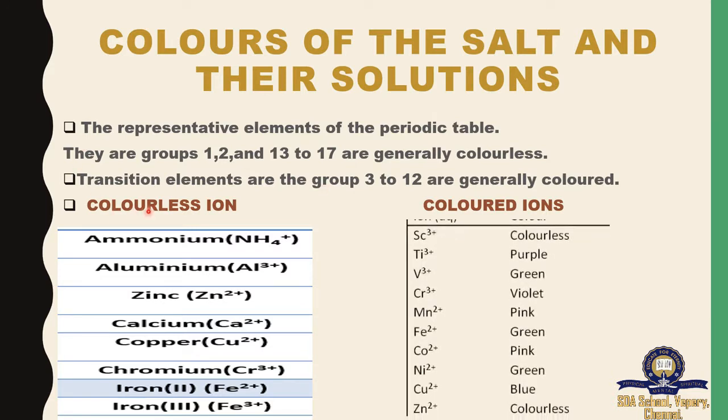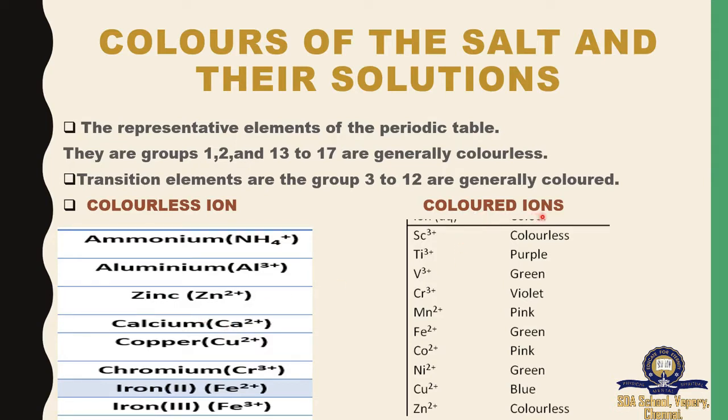Next, some of the ions are colorful and some colorless. Here, colorless ions: ammonium, aluminium, zinc, calcium, copper, chromium, iron 2, iron 3. These are the cations. They don't have any color, seeming to be colorless.